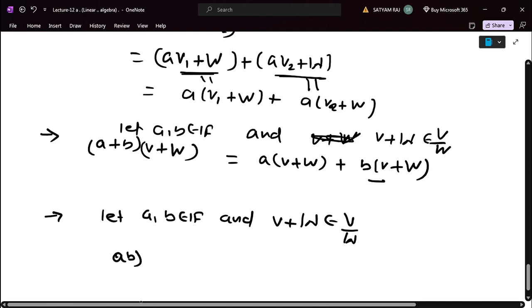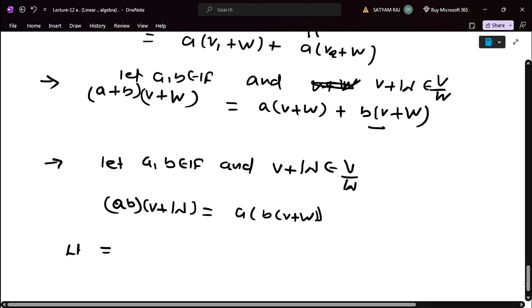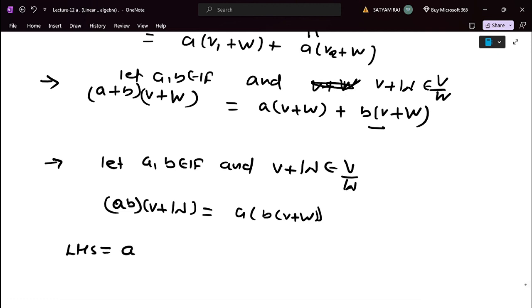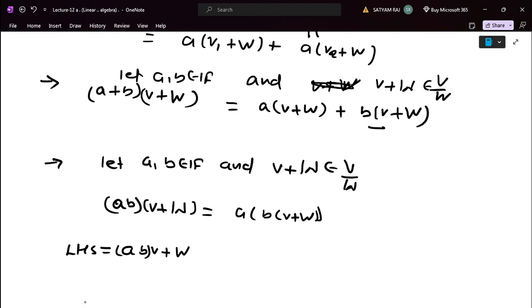What we prove is that a b dot v plus w equals a b v plus w. That's associativity in multiplication. All this can be proved easily: we will use the definition of multiplication first, so it will be a b v plus w.